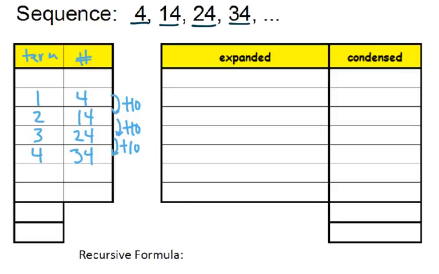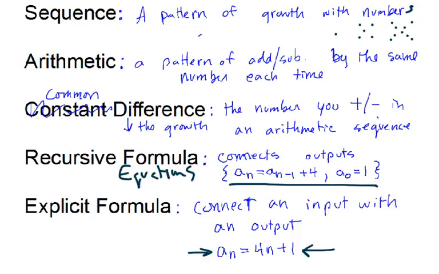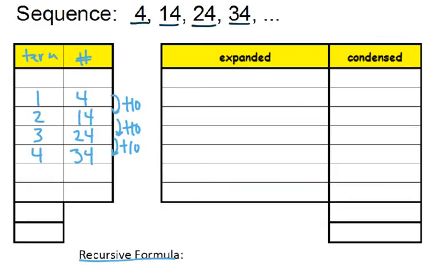Okay. Now, with a recursive formula, we said a recursive formula connects outputs. Okay. Another way of talking about recursive formulas is that it's how our mind works. So if I'm looking at this table, I want to find the 5th term. Well, how do I figure out the 5th term?